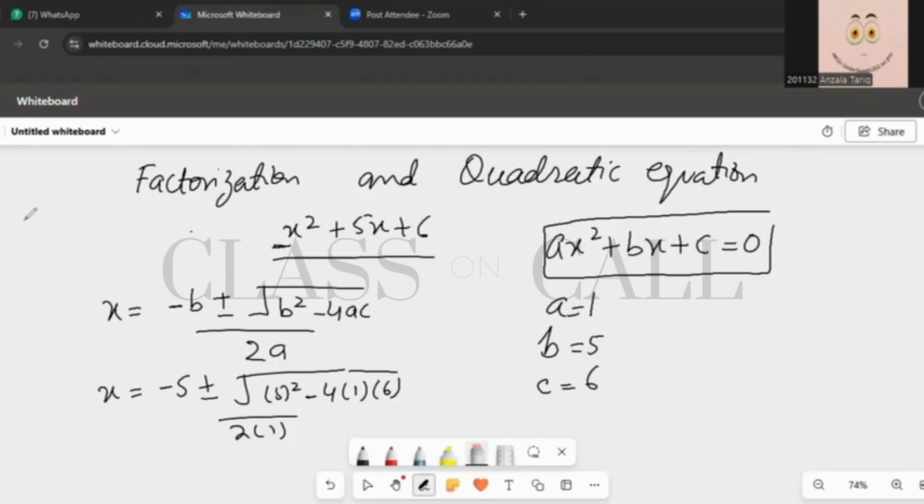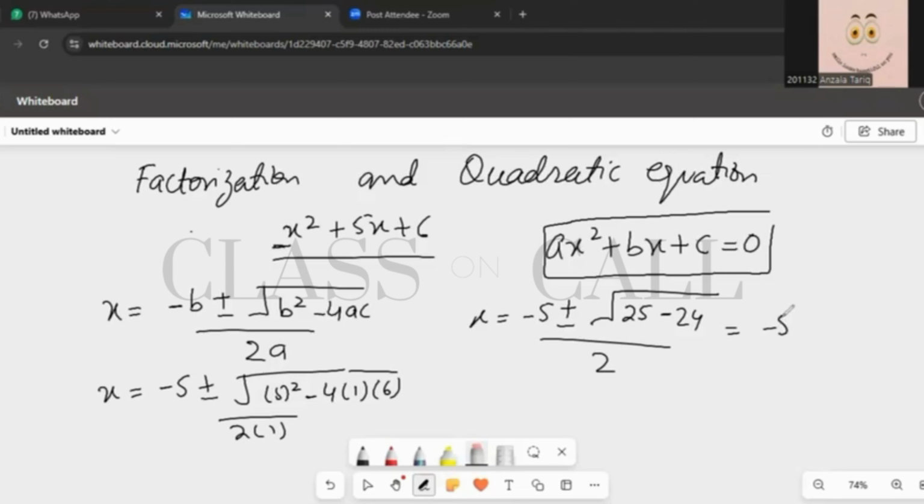Let's solve these. 5 squared is 25, minus 4 into 6 is 24, and 2a is 2. So we get minus 5 plus minus under root 25 minus 24, which is 1, divided by 2. So x is equal to minus 5 plus minus 1, divided by 2.